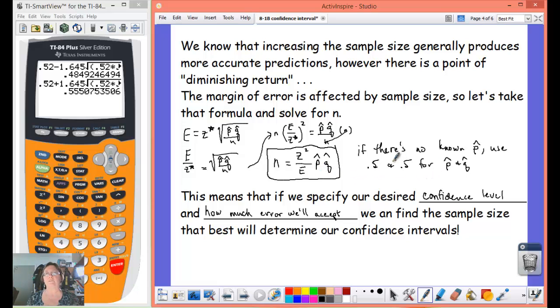It's less than what you'll get. If you use this as p hat and q hat, then you generate an interval with a slightly larger, okay, margin of error than perhaps you need. You give yourself a little wiggle room by using 0.5. You do that if you don't have a p hat to use. You don't have some sample data yet. All right, let's see how that works out.